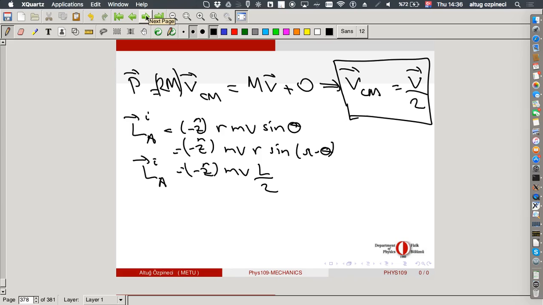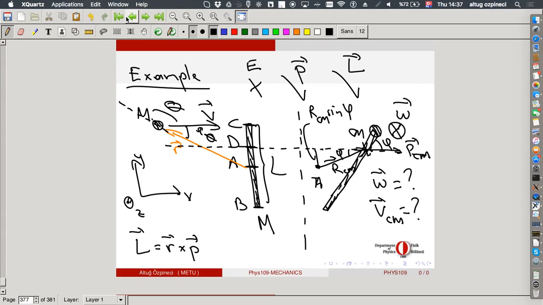Now the next thing was the angular momentum. We know the angular momentum is conserved. But first we have to choose some reference point with respect to which to calculate the angular momentum. Now in this question, you preferred to calculate the angular momentum relative to this point. That is fine. And so we wrote down the initial angular momentum, which was just only due to this moving mass.